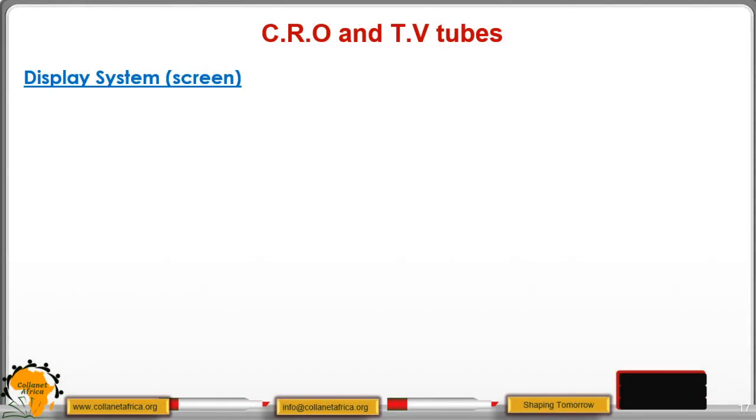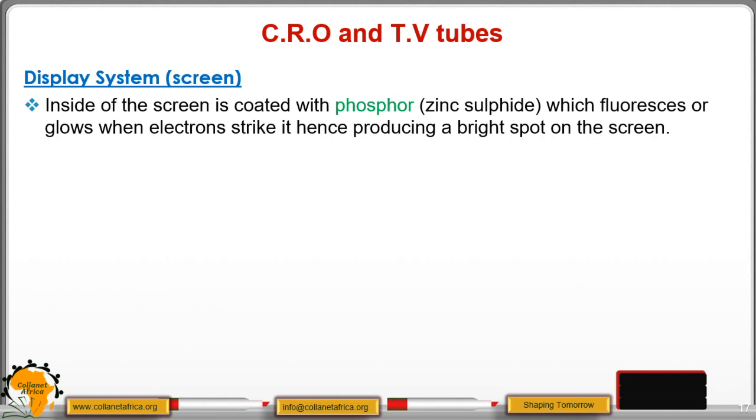Then from there, we have the display system, the screen. Now, the inside of the screen is coated with phosphor, what we call zinc sulfide. And this fluoresces, or glows, when the electrons strike it. We said that the kinetic energy of the electrons is converted to light when they hit the screen.